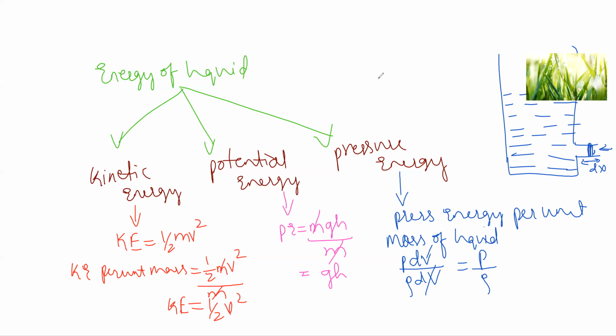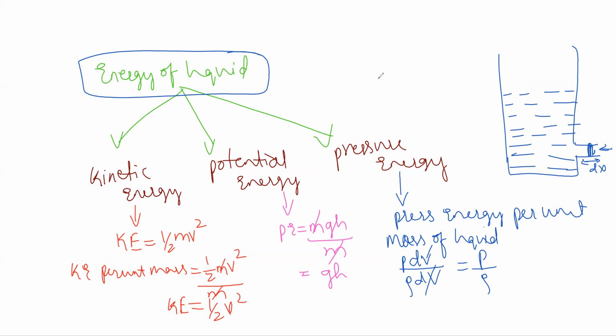Let us explain one by one. Energy of a liquid is classified into three types: kinetic energy, potential energy, and pressure energy. The energy possessed by a liquid due to its motion is called kinetic energy, represented by half mv square.